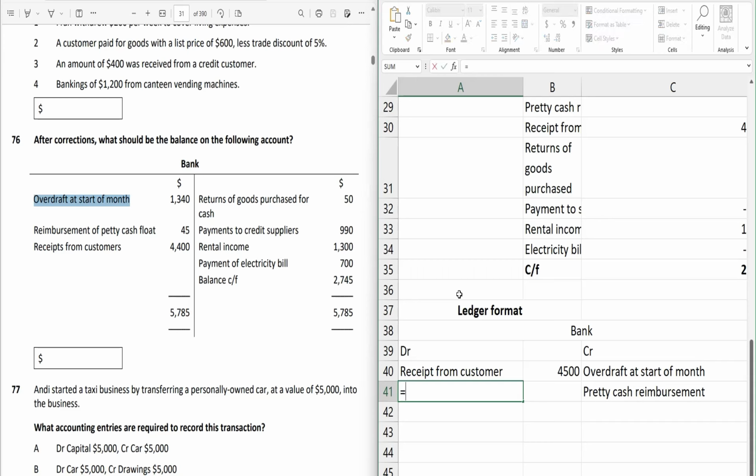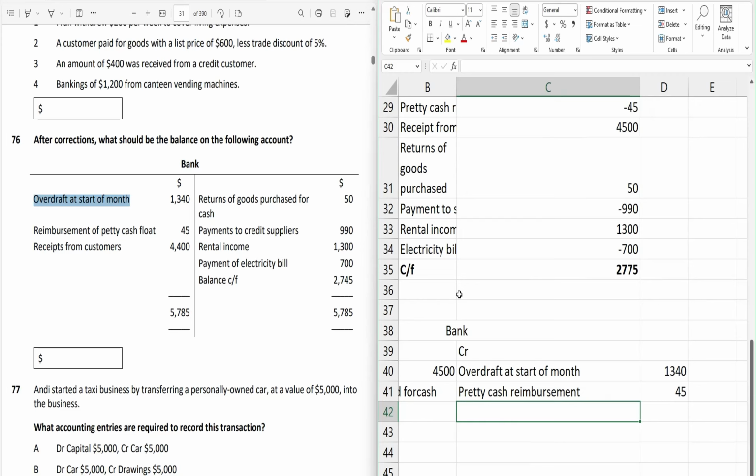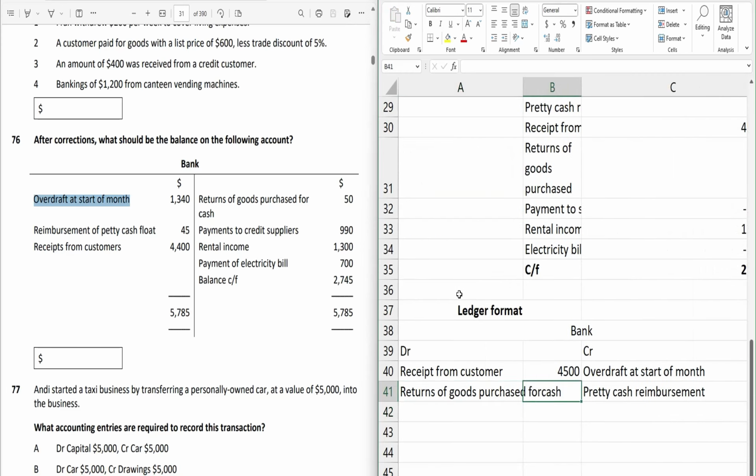Then we have return of goods purchased for cash. Sorry, we had made the purchase earlier, so now it will increase our bank balance, and the amount is 50. Then we have payment to the credit supplier.